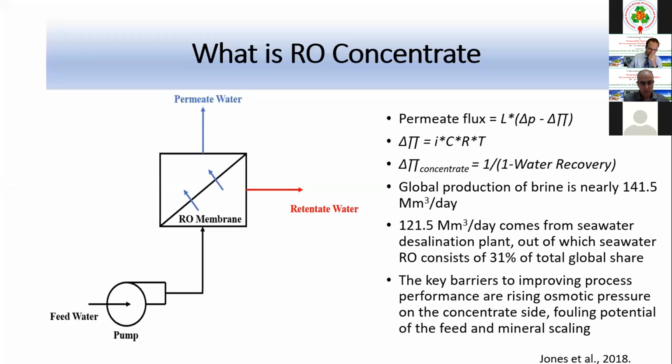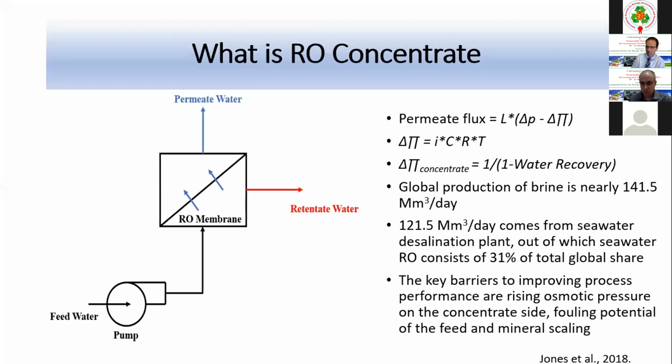If we look at the schematic, the RO concentrate, denoted by the red stream, is limited by the rising osmotic pressure. Osmotic pressure rises due to the increasing concentration on the concentrate side, so permeate flux decreases, and water recovery also decreases with rising osmotic pressure.